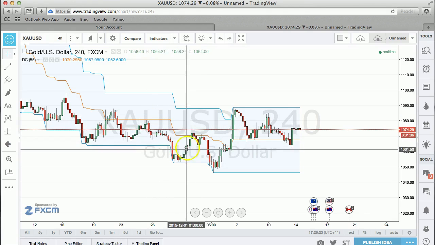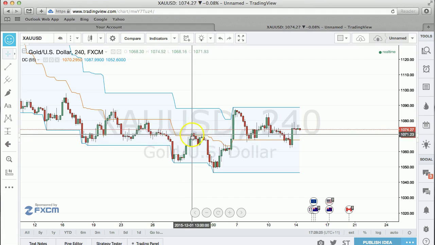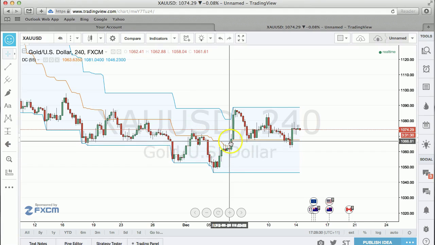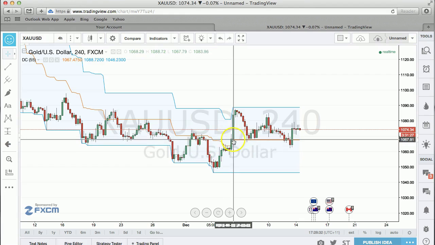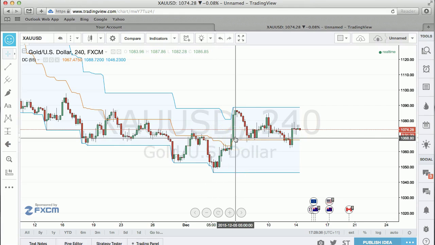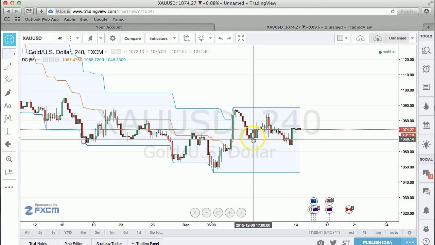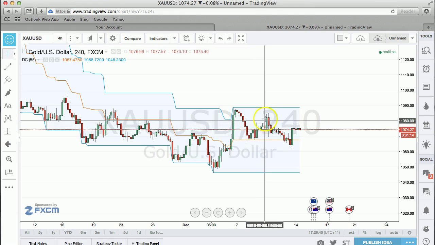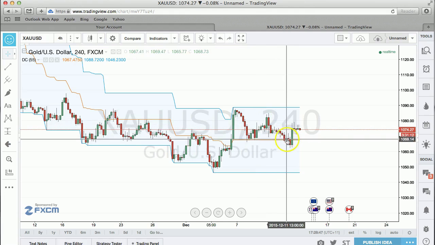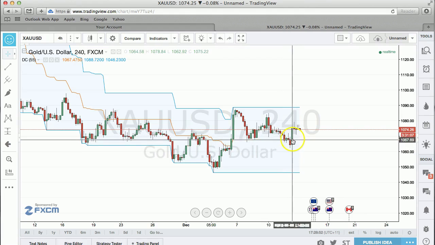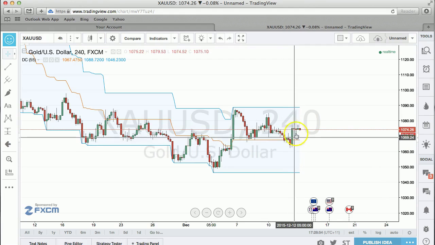It goes down, it goes back up, it bounces off this line acting as resistance again, and then it approaches the line, ultimately closes above the line, and now this is resistance turning support, for the reason that it approaches this line and now it's acting as support. Goes back bullish, comes back down. Right here you'll notice that it approached the line and then bounced back up.